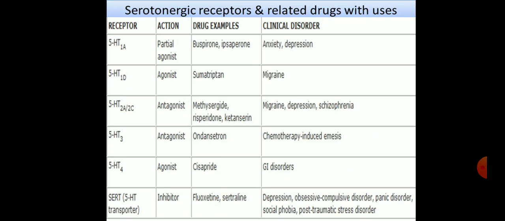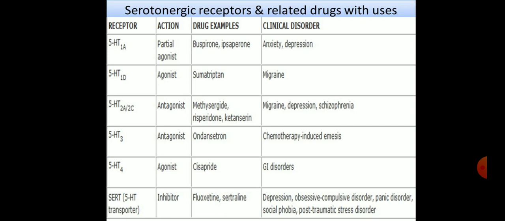To simplify these things, 5-HT3 and 4 are very simple, and you need not remember the subtypes. The 5-HT3 antagonist ondansetron is used for drug-induced vomiting. The 5-HT4 agonist is used for some GI disorders. When it comes to 5-HT1 and 5-HT2 receptors, you should remember the subtypes also.